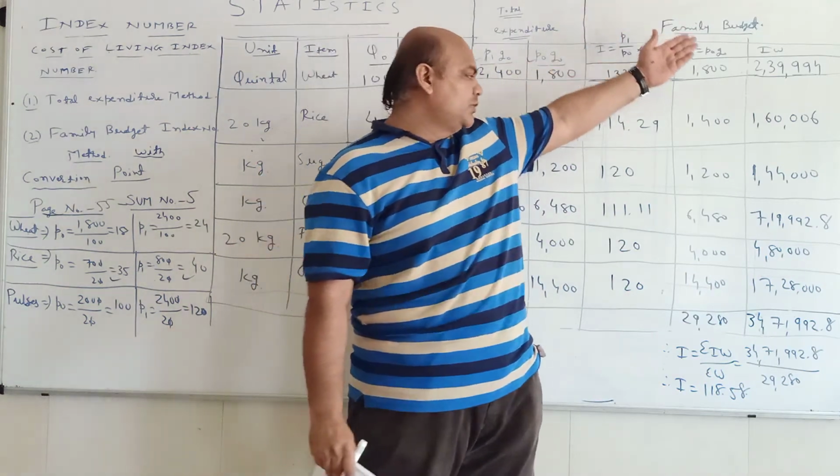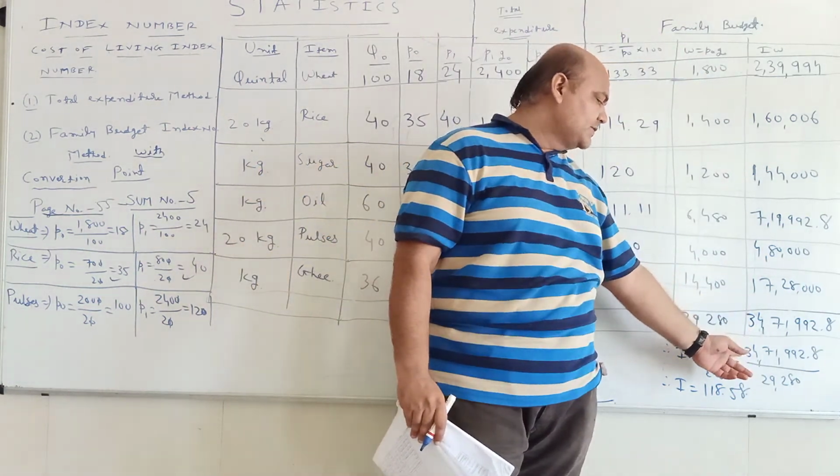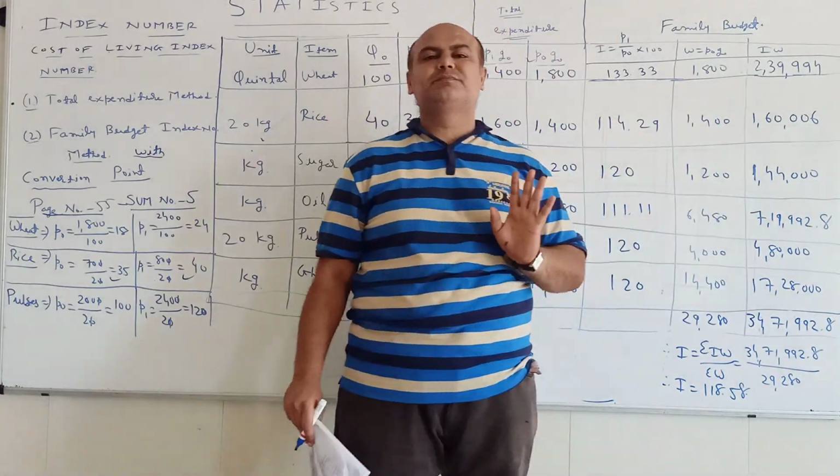At last we have to do the total of the column of IW, that is called sigma IW.